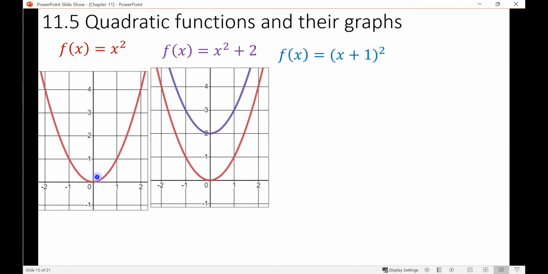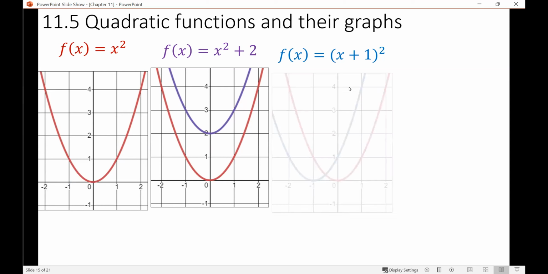The lowest point of the parabola happens when the thing being squared is 0. The lowest point, what we call our vertex, is going to happen when this thing is 0, and the whole thing being squared is 0 when x is -1. So that vertex occurs when x is -1.